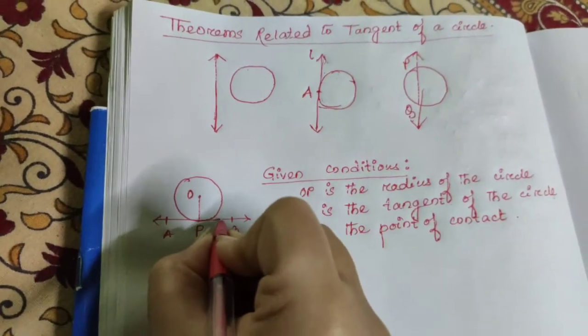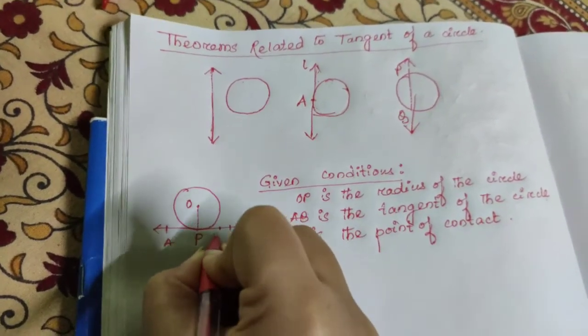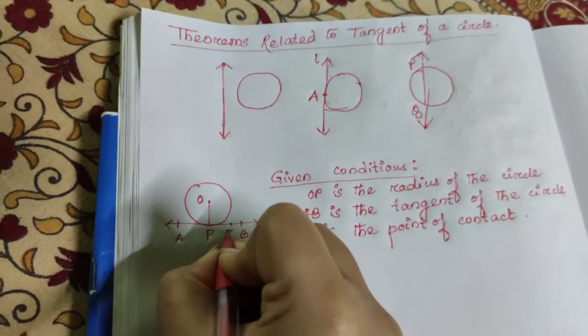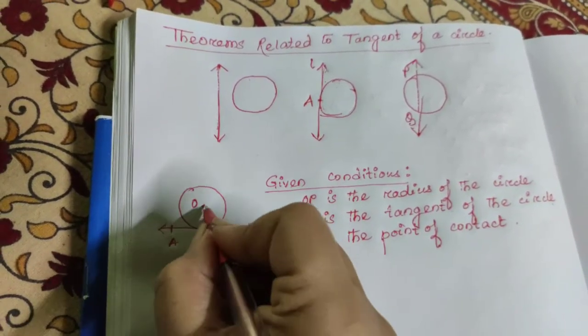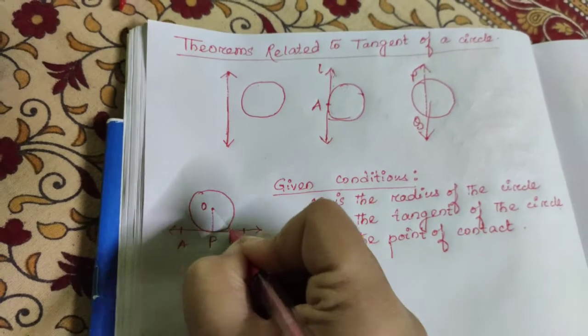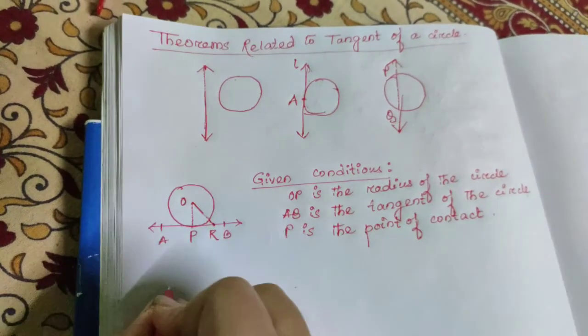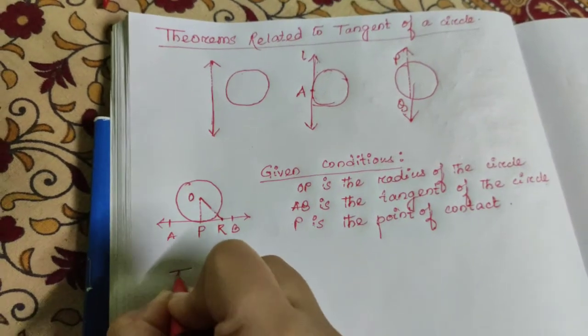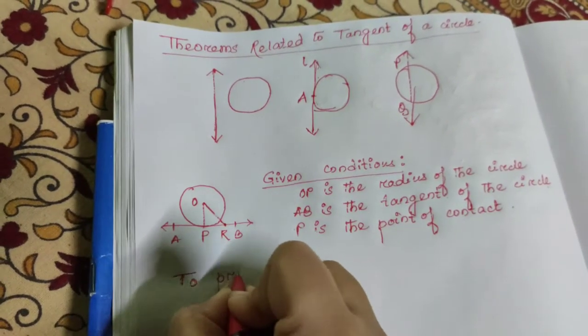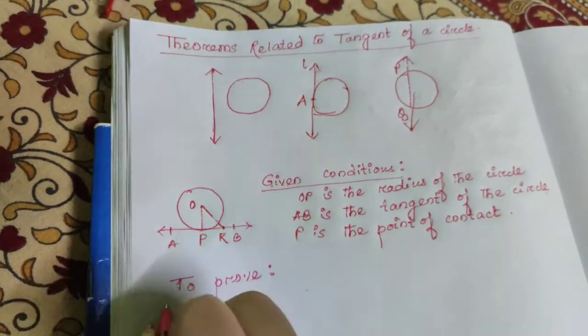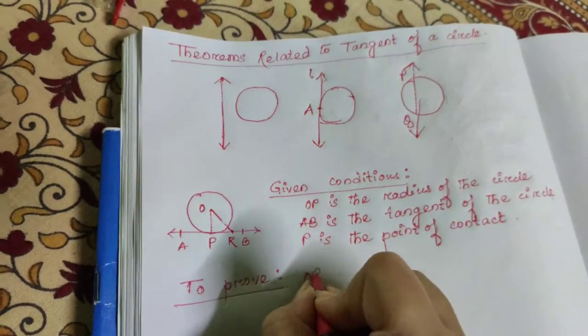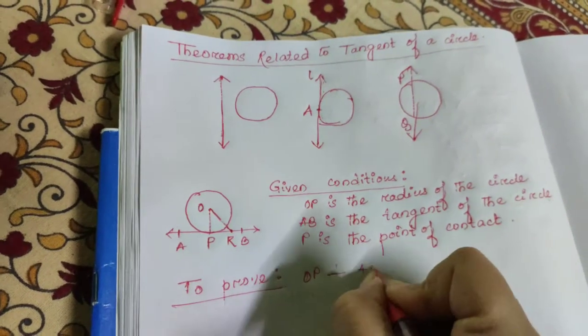Here I am taking any point R other than the point P, then joining OR. To prove that OP is perpendicular to AB.